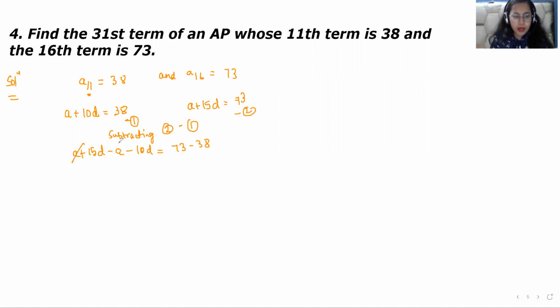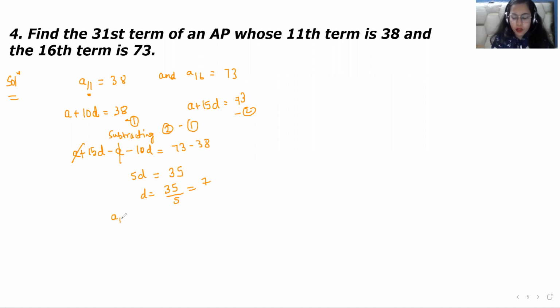So we can eliminate our A. 15 minus 10 is 5D and 73 minus 38 is 35. And D is equal to 35 over 5. So D is 7. So we can put our value of D in either equation 1 or equation 2. So I'm going to put it in equation 1.